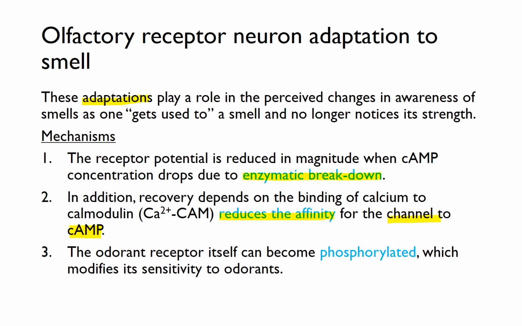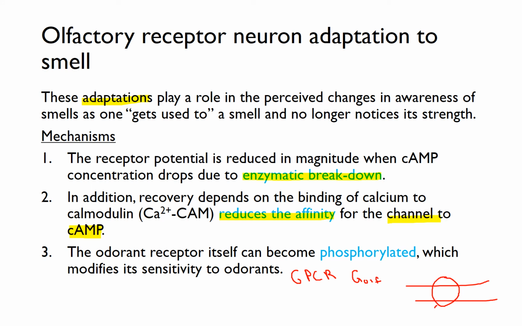And then finally, back up at the very first step, the odorant receptor itself can become phosphorylated. This is the G protein coupled receptor that is specialized and called the G olfactory receptor, that G-olf receptor, that can become phosphorylated. So you have your cell membrane here, and this is your G protein coupled receptor.